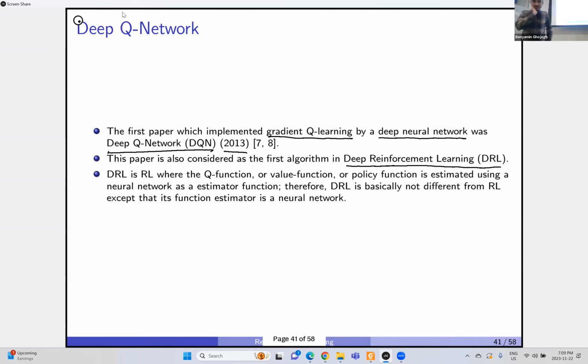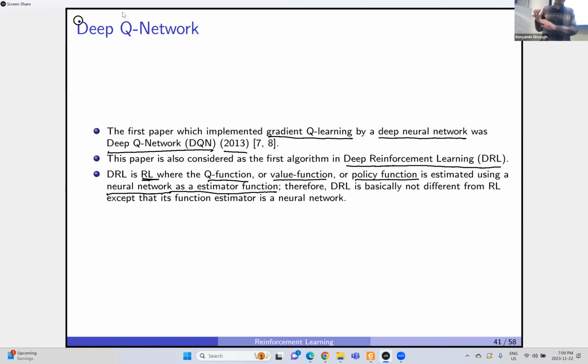So DQN was the first algorithm in deep reinforcement learning. And what is deep reinforcement learning? It's nothing complicated. It's just reinforcement learning where the Q function or value function or policy function is estimated using a neural network as an estimator or approximator function. Because we have a bunch of functions in reinforcement learning, right?